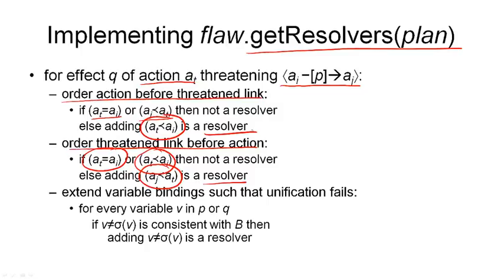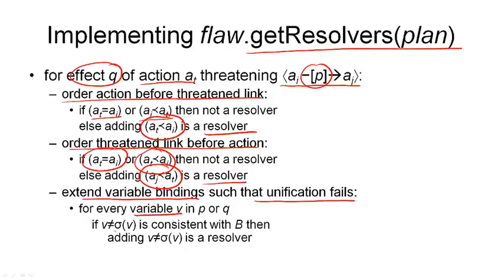The other way in which this type of flaw can be resolved is to add variable bindings such that the unifications that we computed earlier will fail. And here is how we can do that. Remember, it is the effect Q that threatens our proposition P here. So what we do is we go through every variable V that occurs in P or Q and try to make the unification fail on that variable.